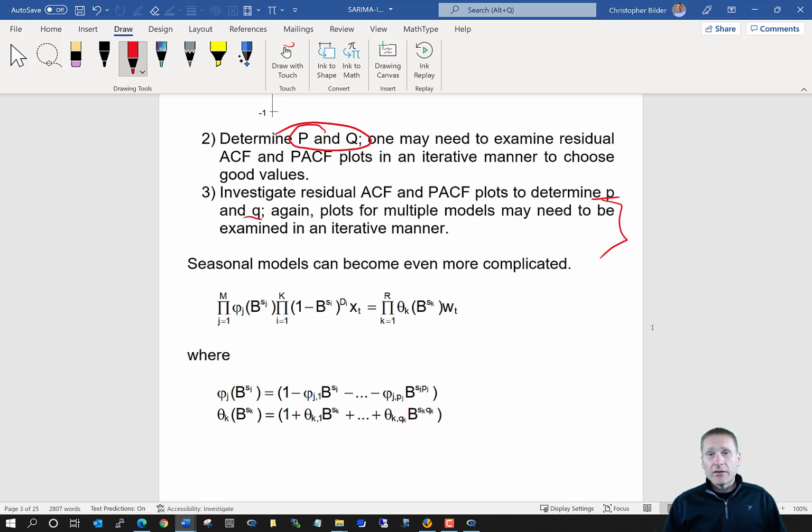Now these seasonal ARIMA models can actually become even more complicated. In the last set of models, we had basically two AR operators, two MA operators, and two parts of our model dealing with possible differencing.